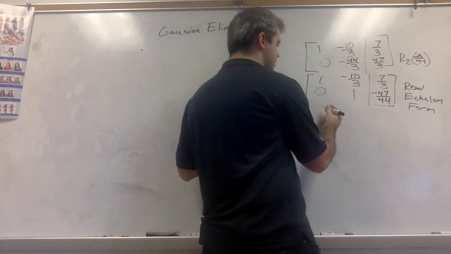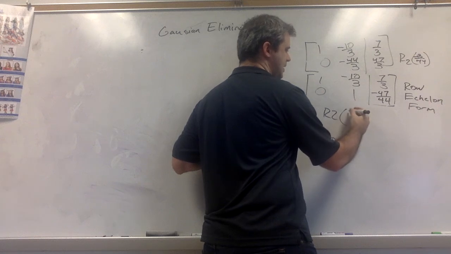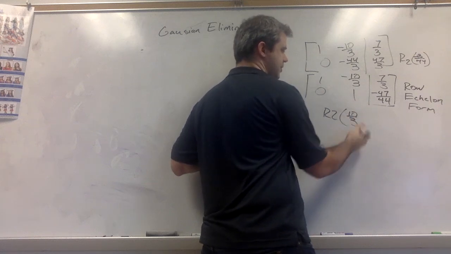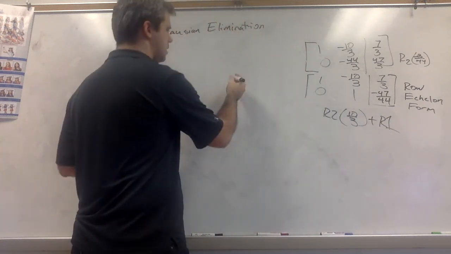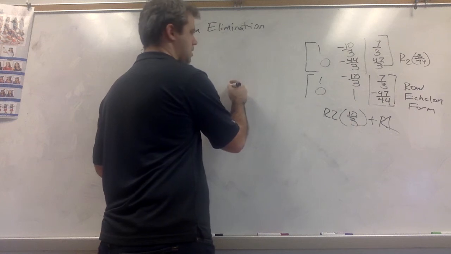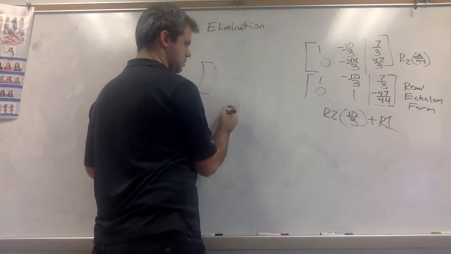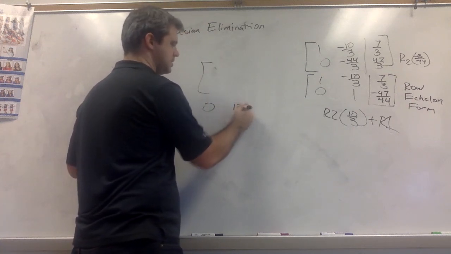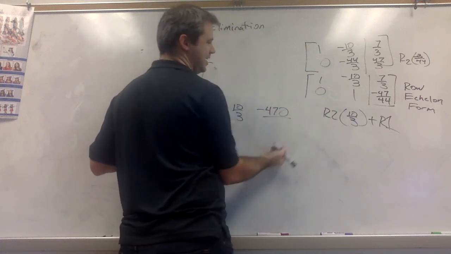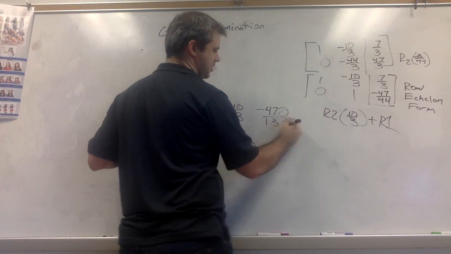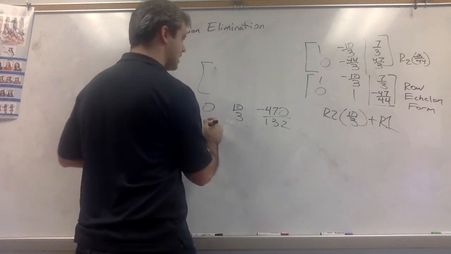What I'm going to do is multiply row 2 by 10 over 3 and add it to row 1. So I've got 0, 10 thirds, negative 470, 130 seconds, and I'm going to add it to this guy right here.